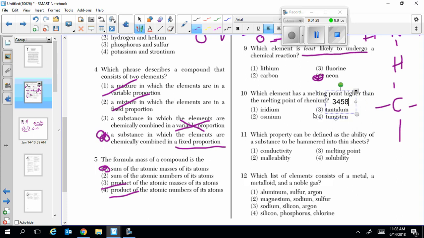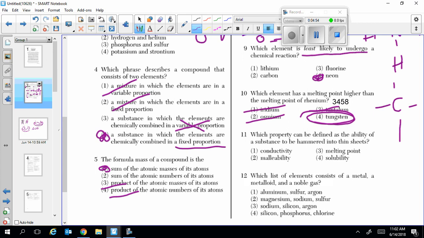And I want one that is higher than that. So I look up iridium, and it is 2719. So that's not going to be a choice. Osmium is 3306, so that's lower. Tantalum is 3290, that's lower. Tungsten is 3695. There we go. That's going to be my answer.